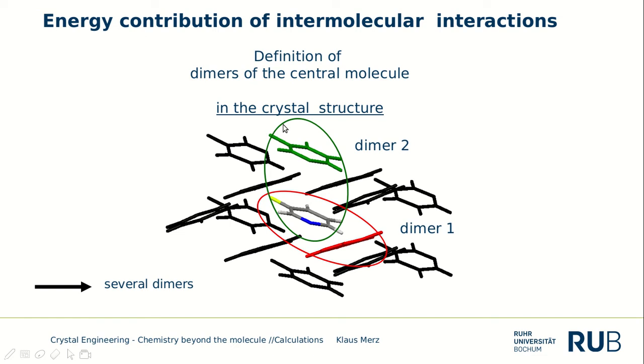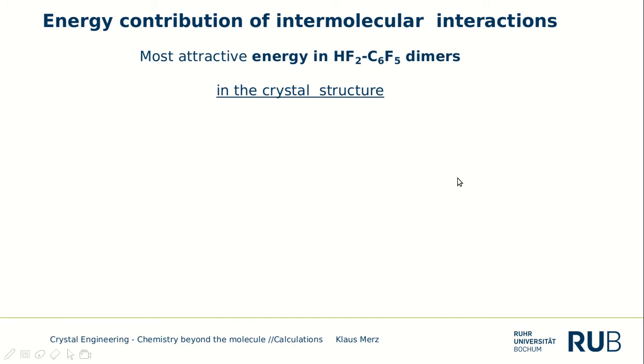This is one dimer. Or you have a red circle with another neighboring molecule, another dimer. This way allows you to define several dimers. Then you can calculate the energy of the dimers, the most attractive energies of these dimers, and these are the results.